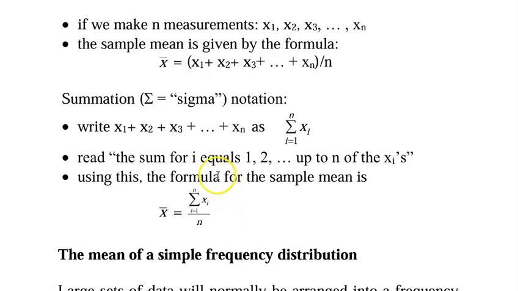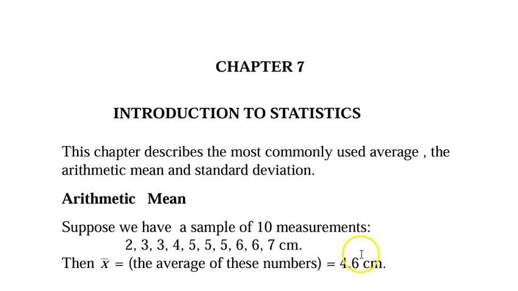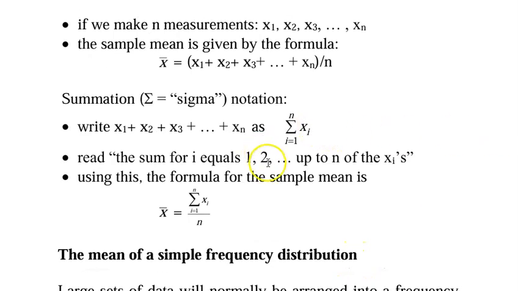In our example, the sum is 46, divided by n, the number of items, which is 10. So 46 divided by 10 gives us the 4.6 that we have here. So that's about the mean. Simple, right?